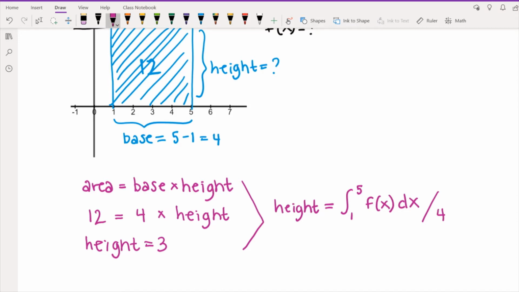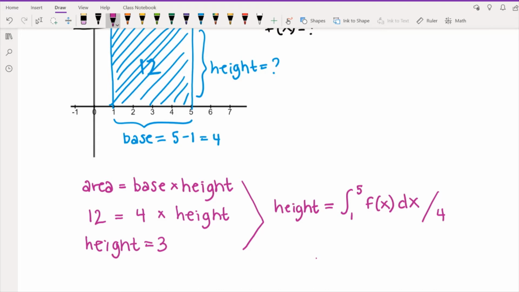Because 4 was the base. This integral here was the area, right? So the integral from 1 to 5 of our function represents the area, the 4 represents the base, and so if we divide them, we get the height.